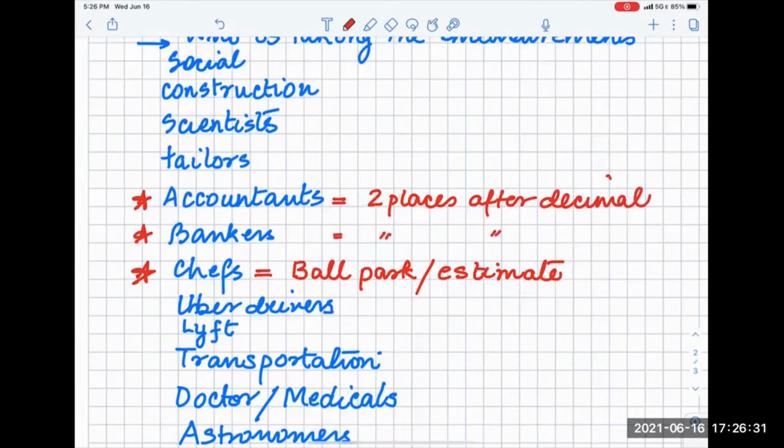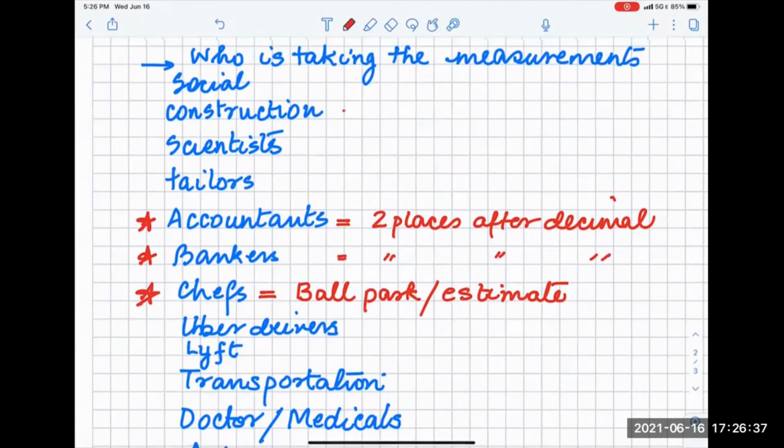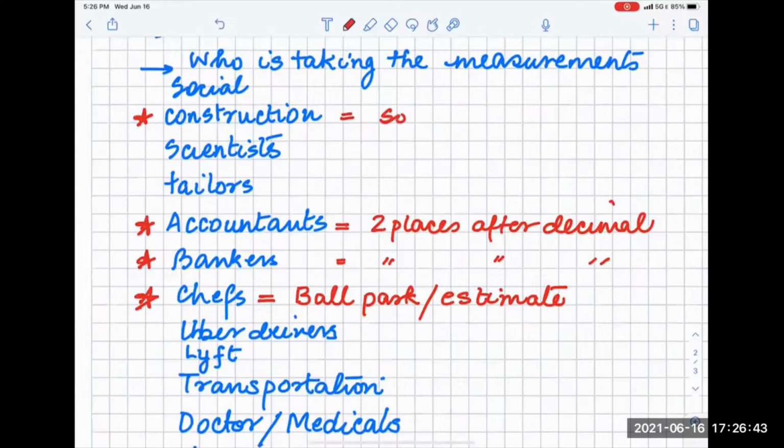Next, look at these people who are, same as the case, tailors, scientists, and construction workers. This is more like construction. For them, some places after the decimal are important because their precision comes into play. How many places after the decimal depends upon what they are measuring.